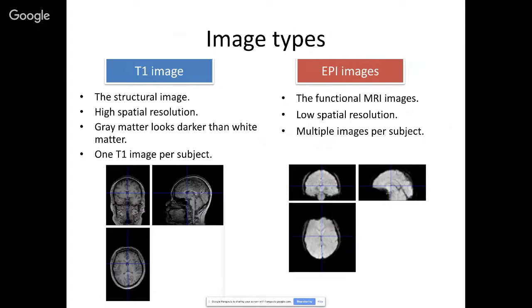But for the EPI image, because our thoughts or our mental processes are very fast, we need to acquire data very fast to detect this kind of fast change of activity. So in our experiment, we just have 1 second to collect an image for the whole brain. That's why it is much more blurry compared to the structural image. 5 minutes, 1 second, right?